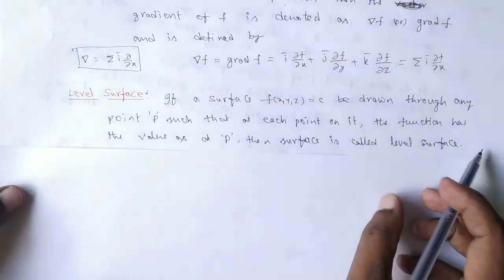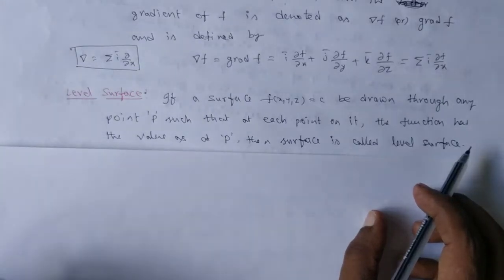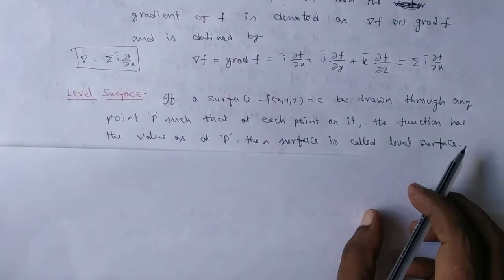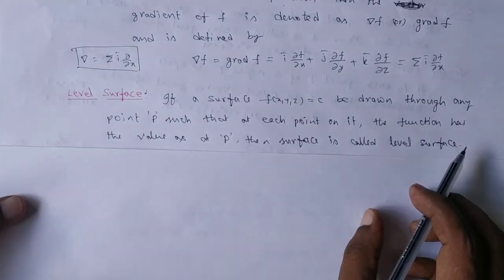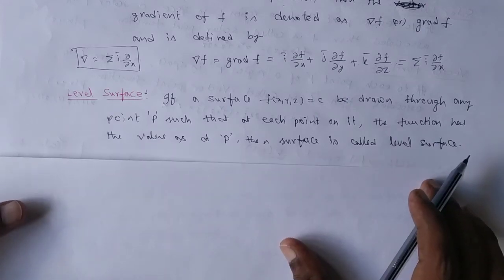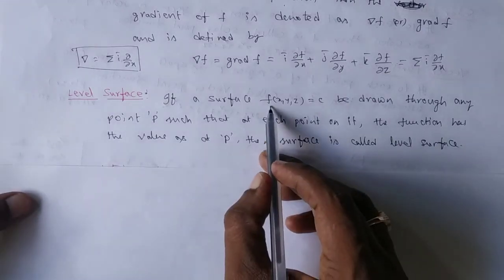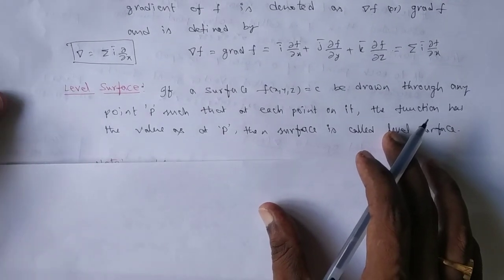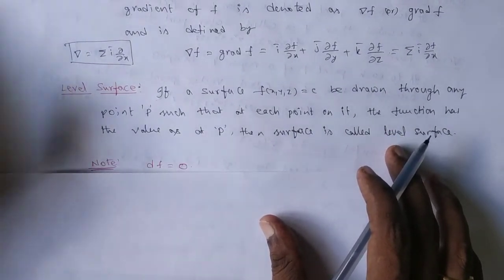I am repeating again: when a surface f of x y z equal to c is drawn through a point in such a manner that the function has the same value as at p at any point on the surface, then the surface is called a level surface. That is why it is f of x y z equal to c. Whenever it is a level surface, we have some physical interpretation of this gradient.